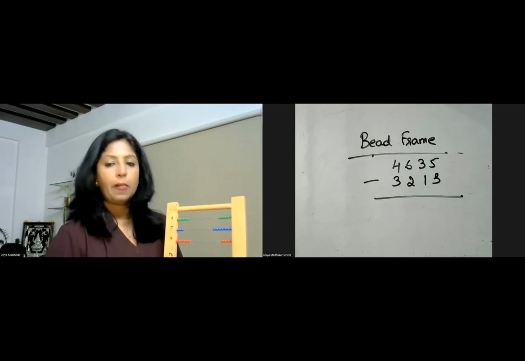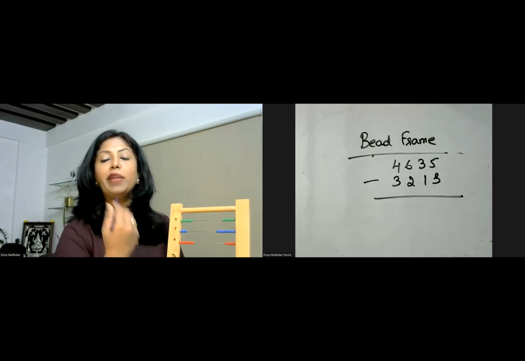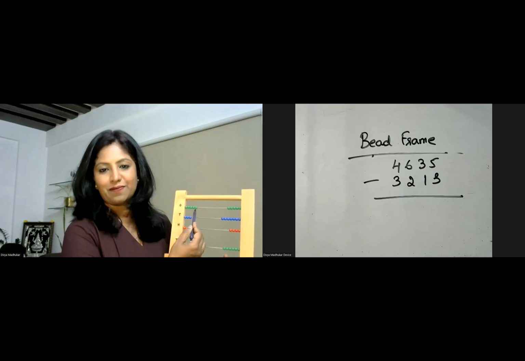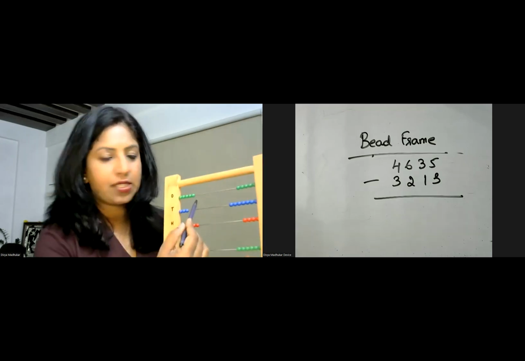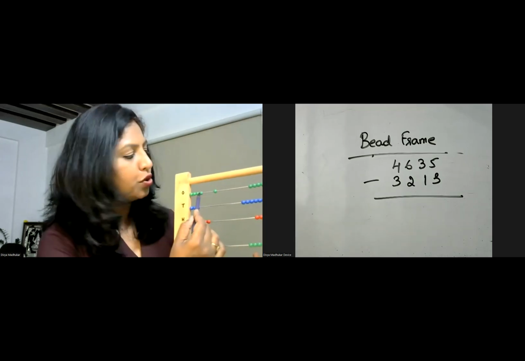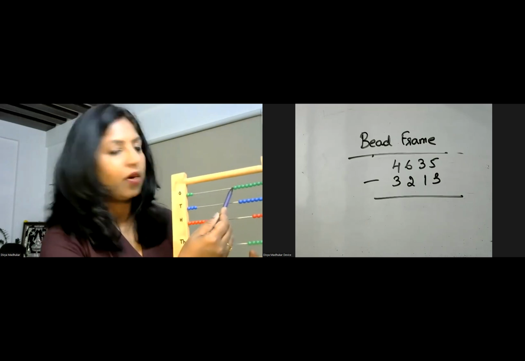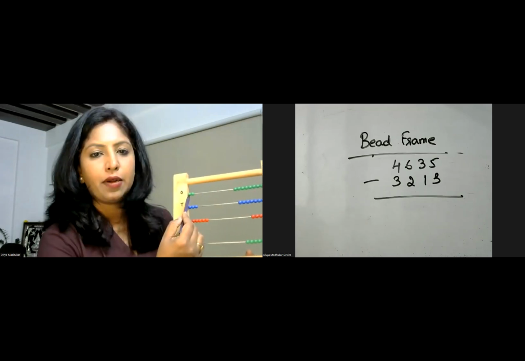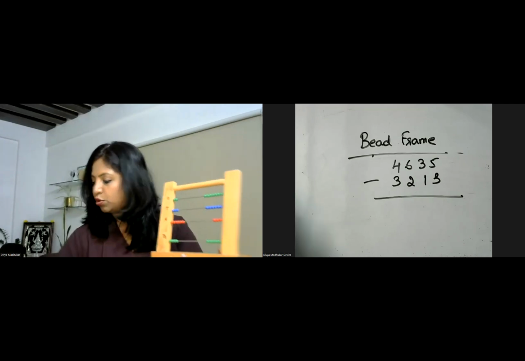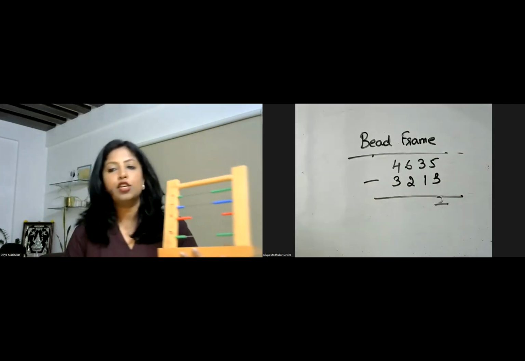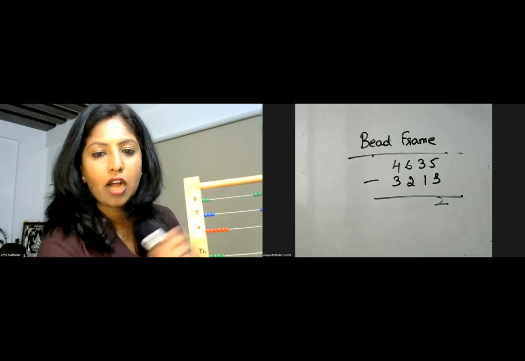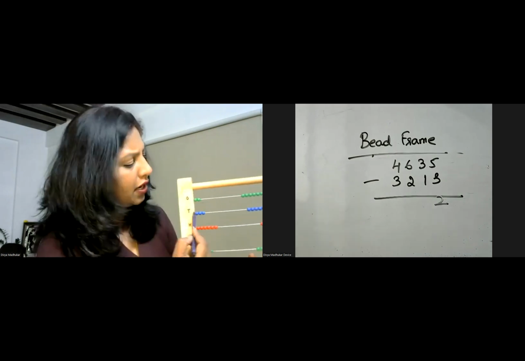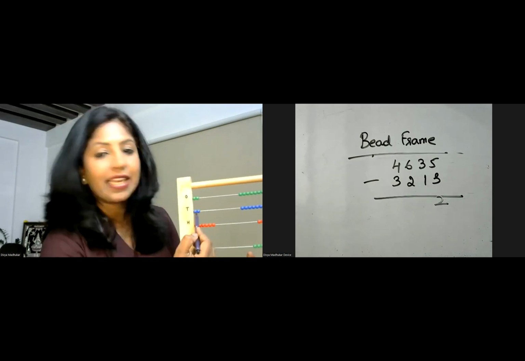Now I need to take away how many ones from 5 ones? 3 ones. So I take away 1, 2, 3 ones. How many are remaining? 2. So 2 ones are remaining. I have my 3 tens. How many tens do I have to take away? 1 ten. So how many tens are remaining?